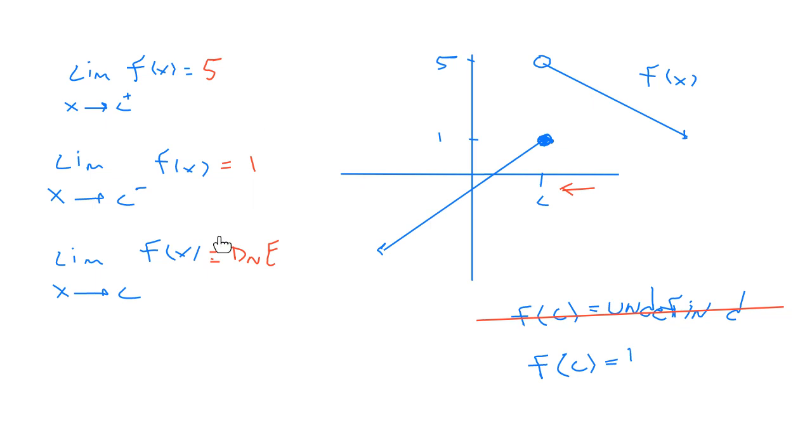But would that change this answer? No. Suppose that I changed my graph and said, when you plug in c for x, according to that point being there, you get 1 for y. Is that going to change anything about this limit, though? It'll still be does not exist. That's right. It wouldn't change it.